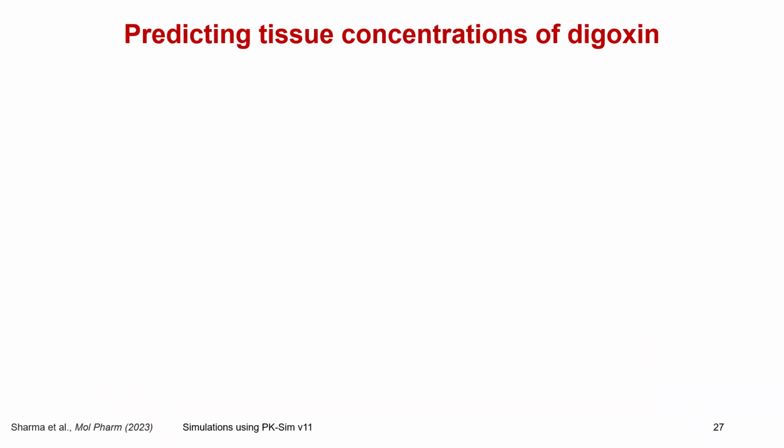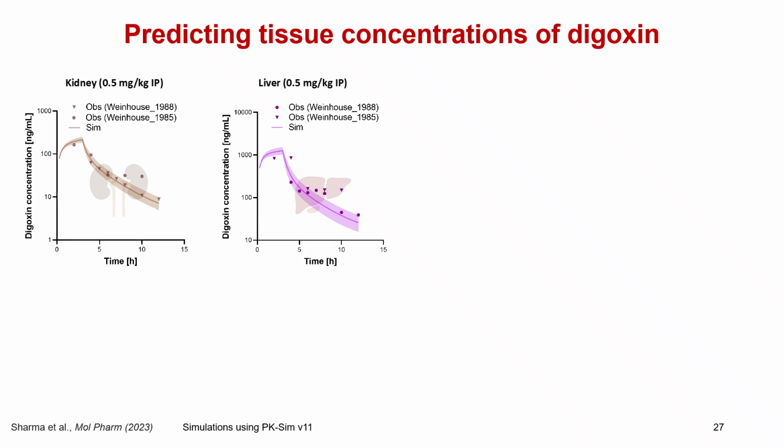Next, after building and verifying the model for IV disposition and oral absorption, the same model was used to predict the tissue concentrations of digoxin. The PGP transporter is present in the kidney and liver tissue, and we had sufficient data to verify the tissue concentration simulations.